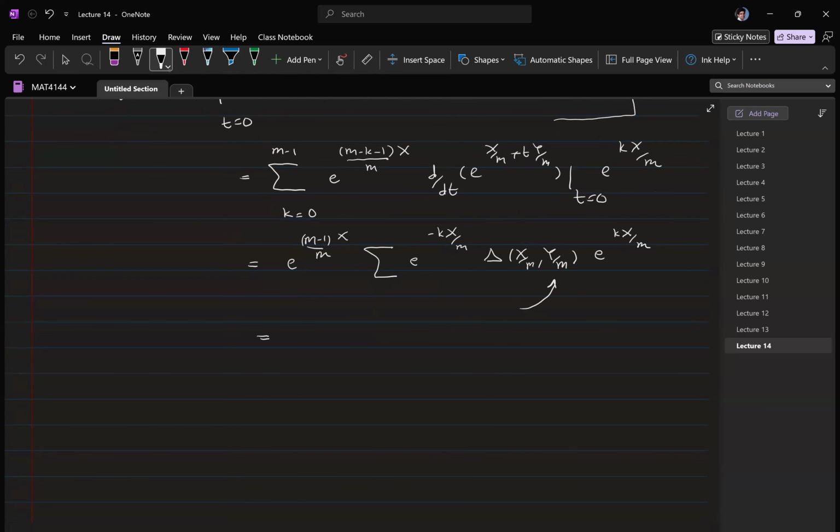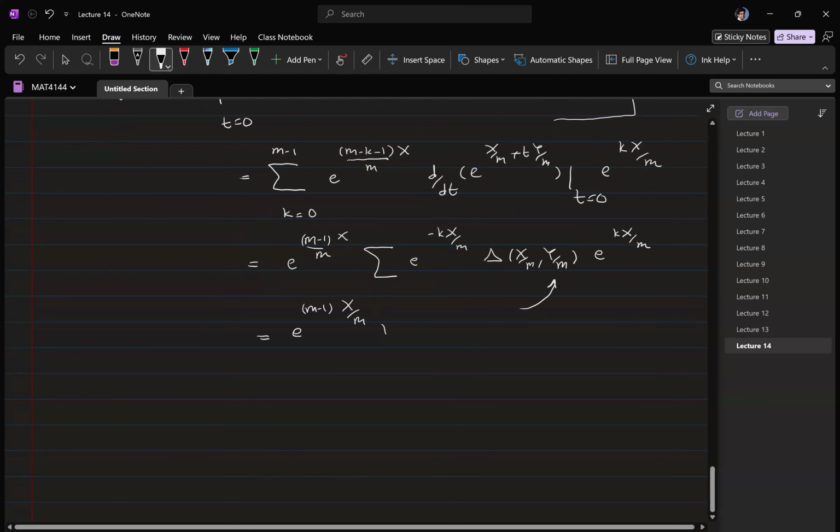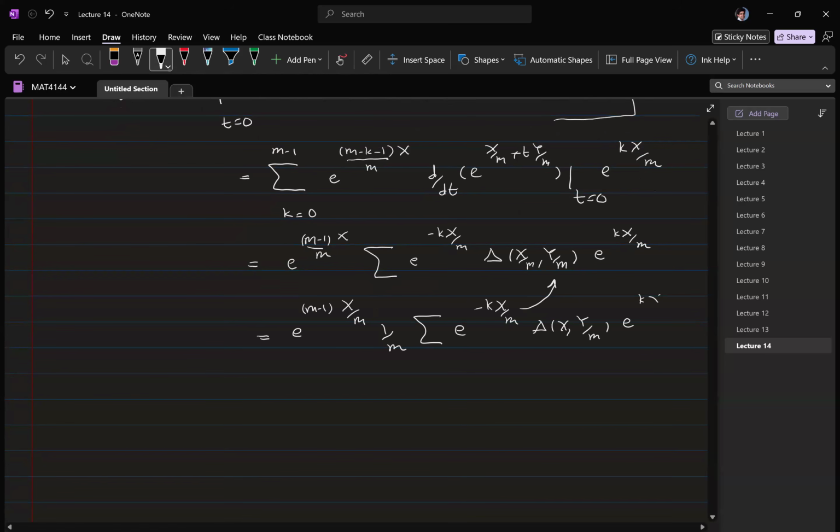So I could factor out the 1 over m. So I could write this as e to the (m minus 1)x over m, 1 over m, e to the minus kx over m, delta x, y over m, e to the kx over m.